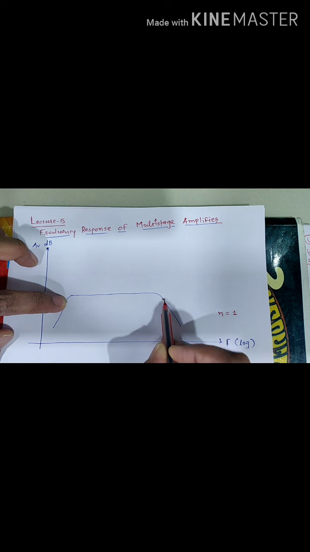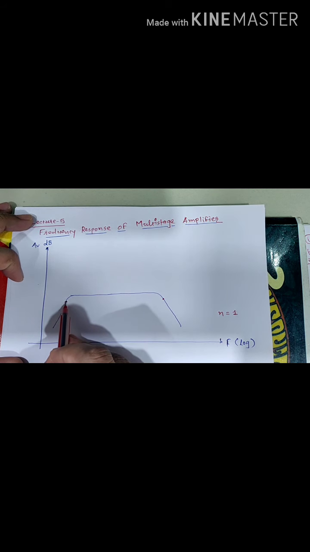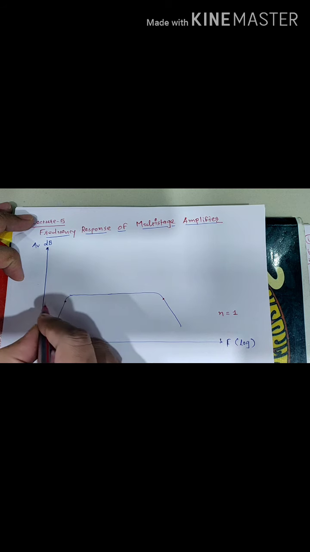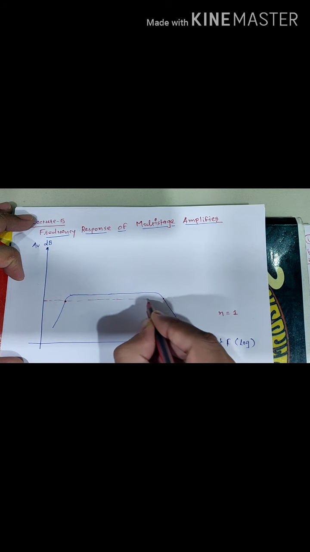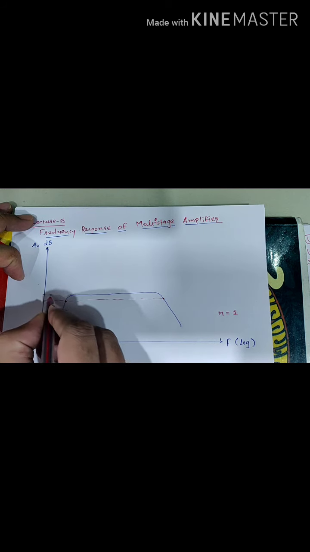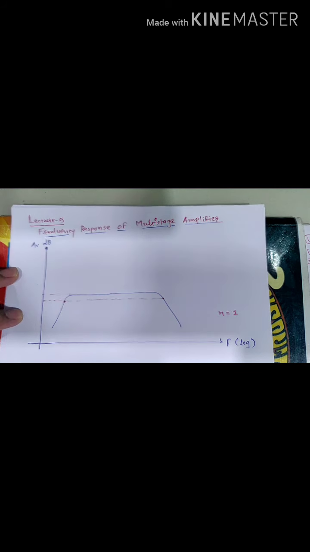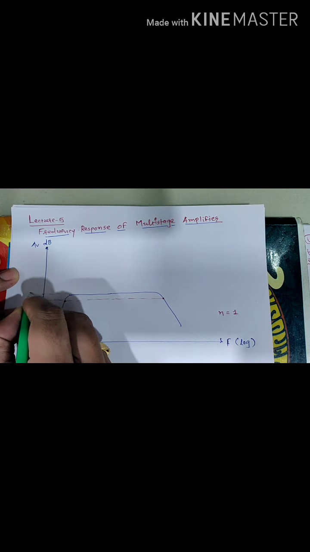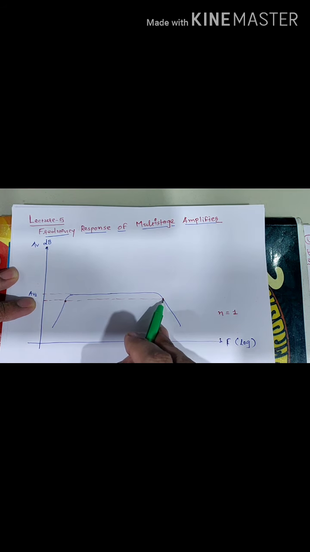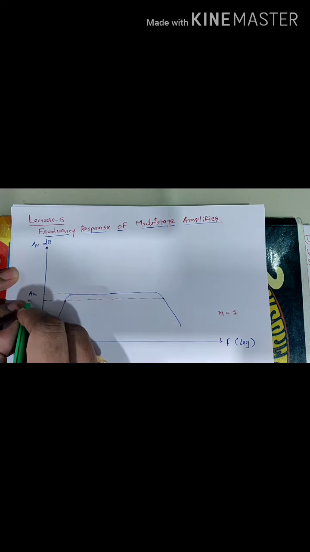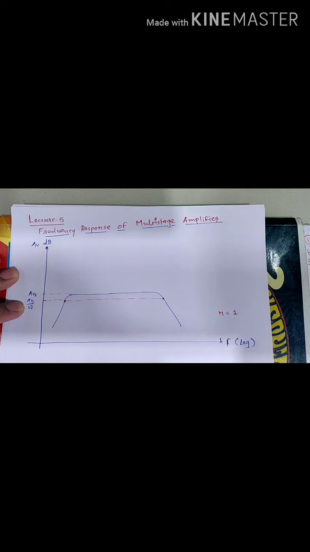So from where have I derived these 2 points? As we have seen in the previous lectures, the bandwidth is based on the maximum value of gain. This is AV1, the maximum gain of one stage, and these 2 points we find by taking AV1 by root 2, that means 70.7% of the maximum value.